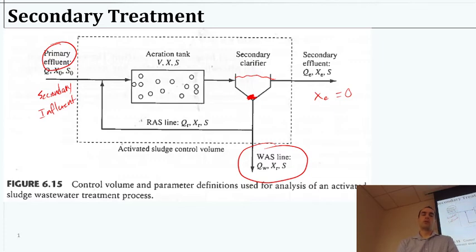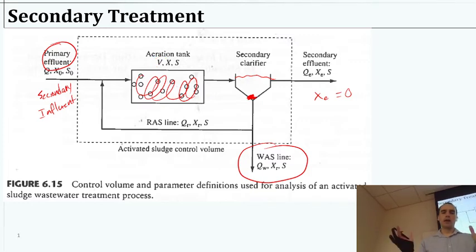And then if we make all those assumptions, and we'll get to the math in a minute, then really our process is here. That's all that really matters. And our hydraulic retention time, it really just matters that specific volume and the flow rates going in and out.